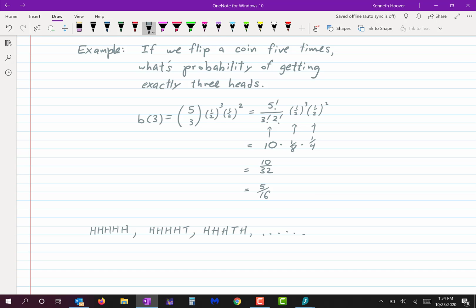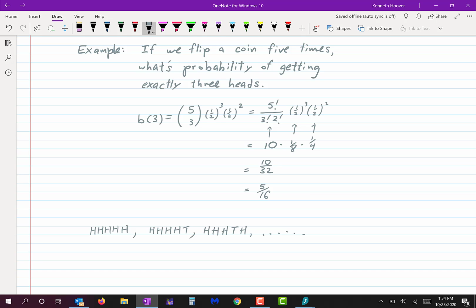Here's the thing. There would have been 32 different possibilities. And then I could have counted how many of those possibilities have exactly 3 H's in them, and I would have found 10 of them. But writing out all 32 possibilities would be a pain. So this formula gets us the answer much faster.